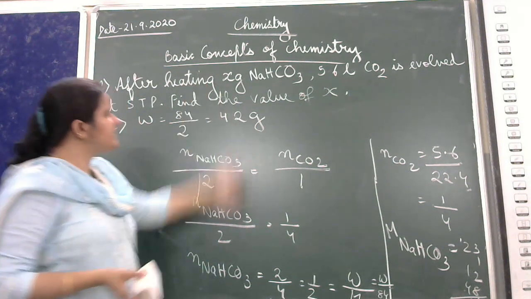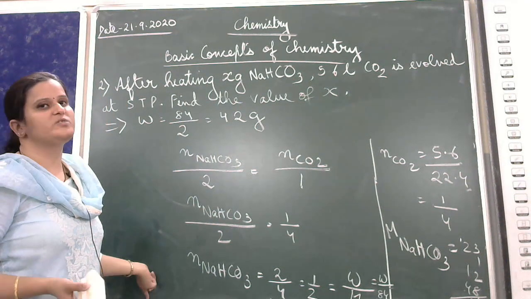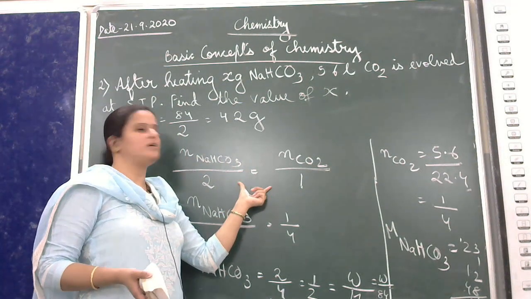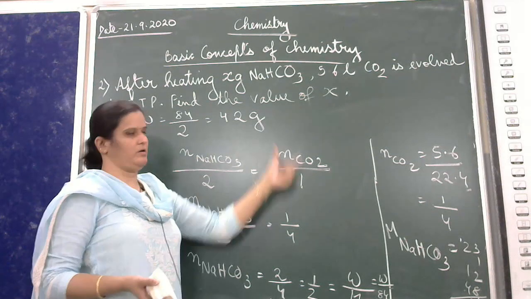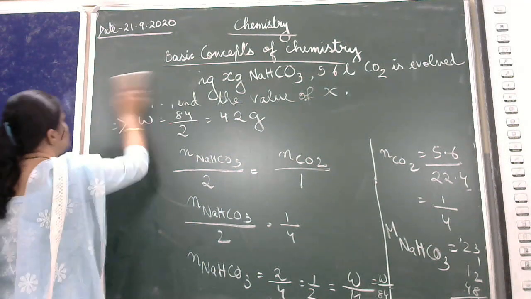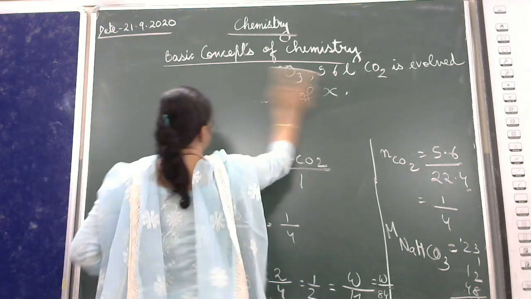So you can understand that these numericals will be easily solved if you use this mole concept with the stoichiometric formula. Okay? And last, one more question I will show you.